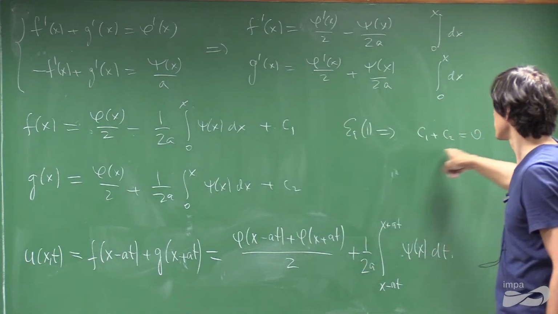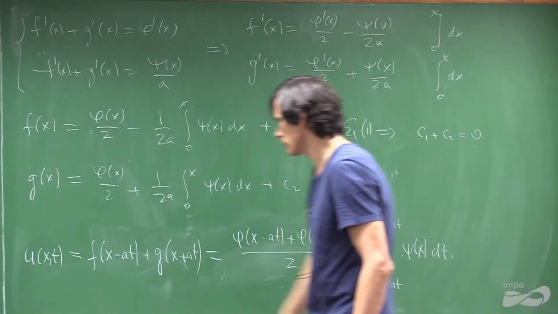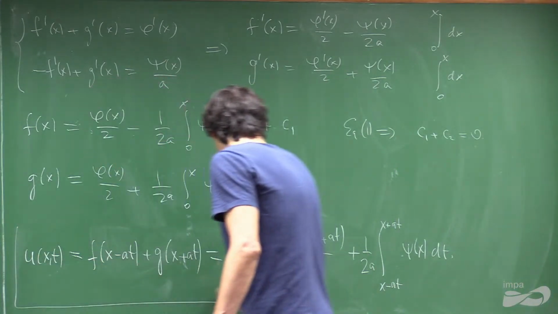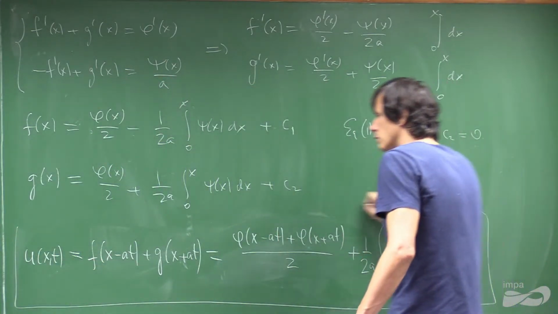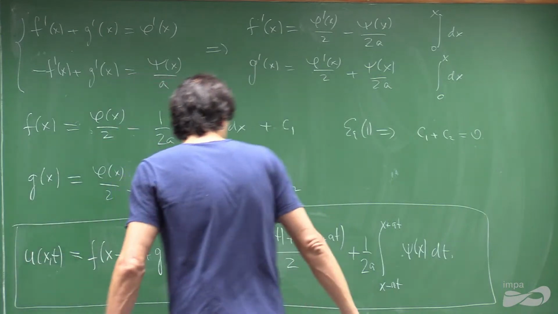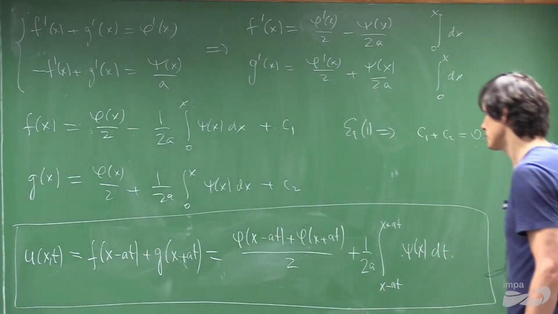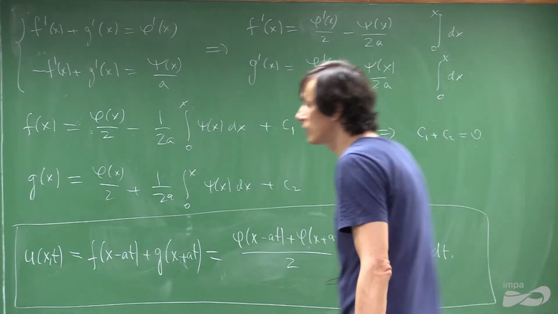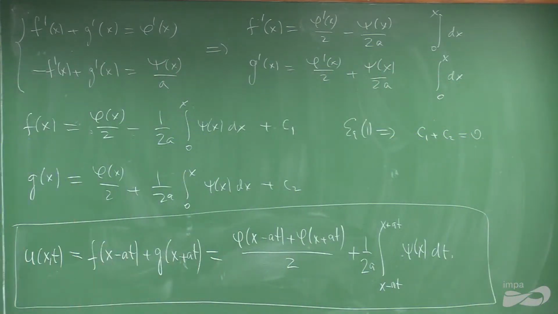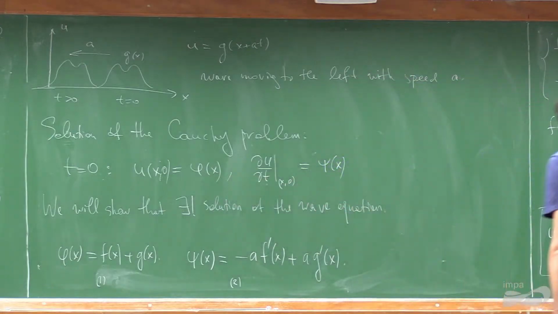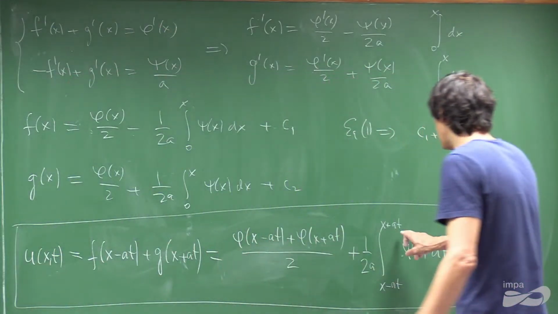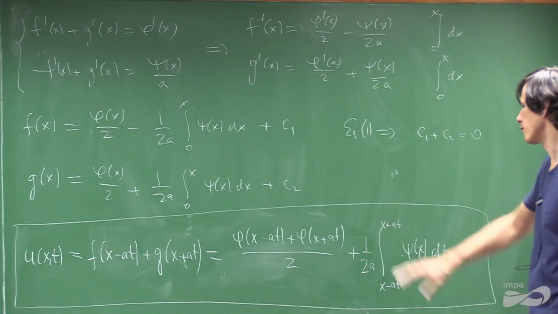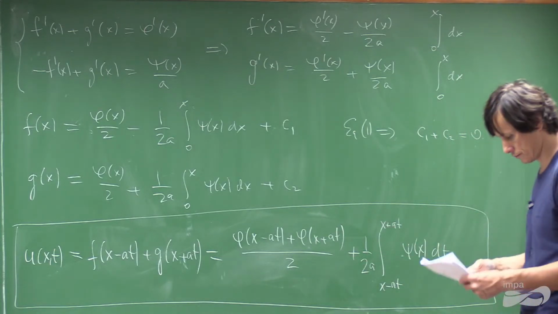And some of the constants cancel. So this is the D'Alembert solution. This is the solution to our initial value problem, because given the initial state and initial speed, we find a solution at any time by this formula. So this is the D'Alembert solution.